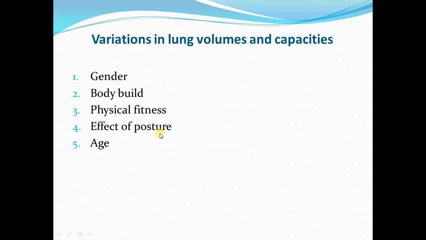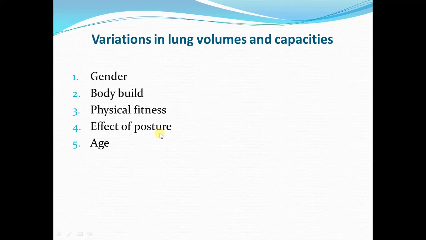Then is the effect of age. With age, there is increase in the residual volume, because with advancing age there is loss of elastic tissue in the lungs, which interferes with the lung recoil during expiration, and this causes the air volume in the lungs to be increased.